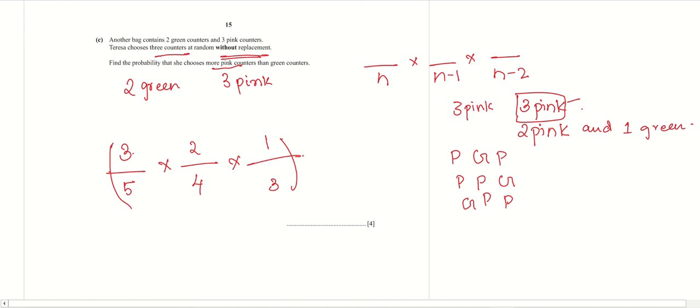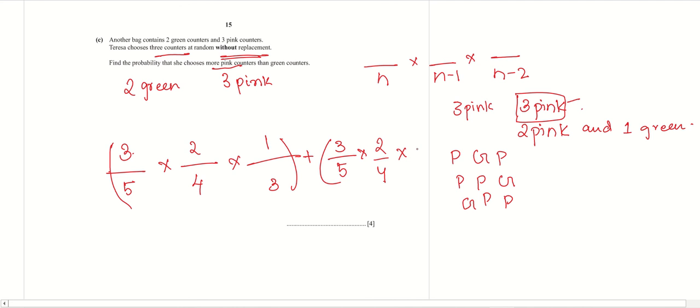So what is the probability of choosing pink first? 3 out of 5 multiplied by green, which is 2 out of 4. See, I'm changing the total number of counters, so it's decreasing because she's not replacing it.